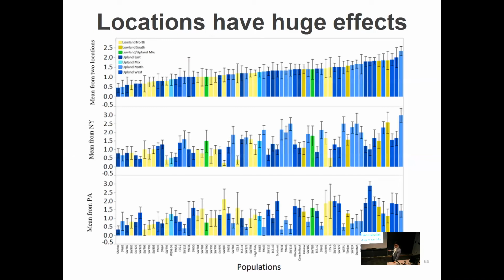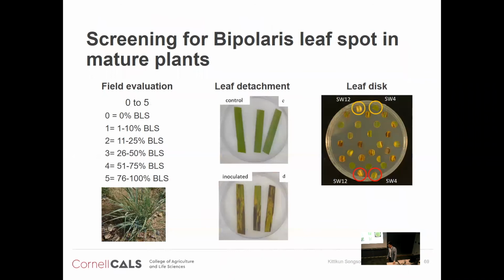As you can see here, there's no similar trend between the mean from the two locations and the mean from just New York and the mean from Pennsylvania. That shows me that there's a huge environmental effect on the resistance to Bipolaris leaf spot.